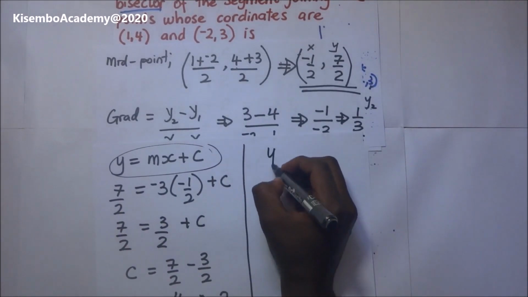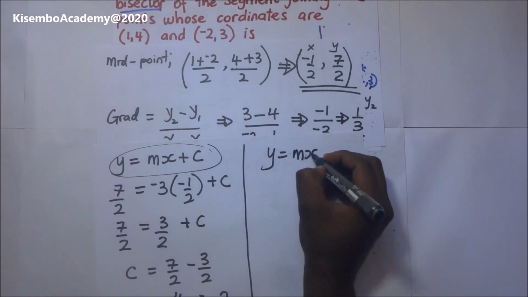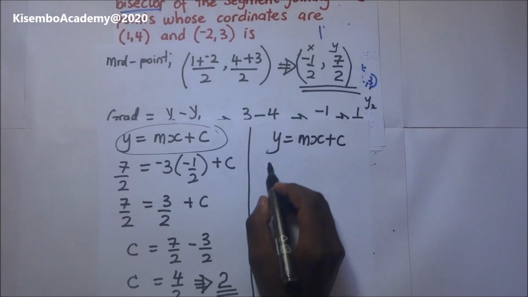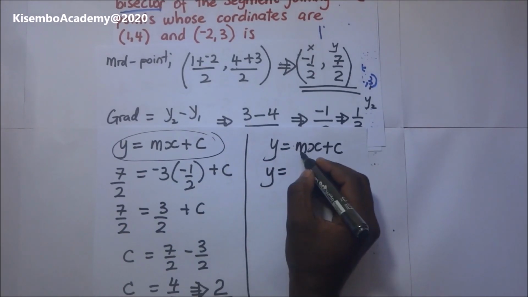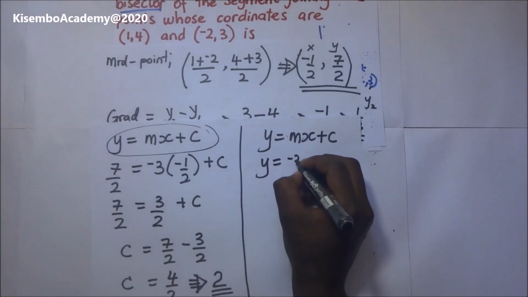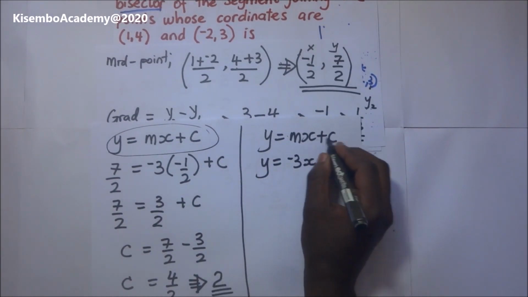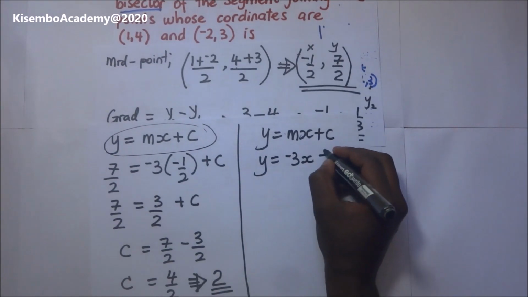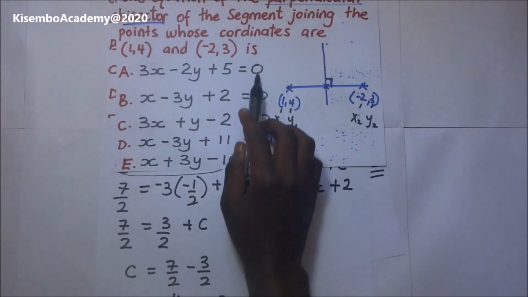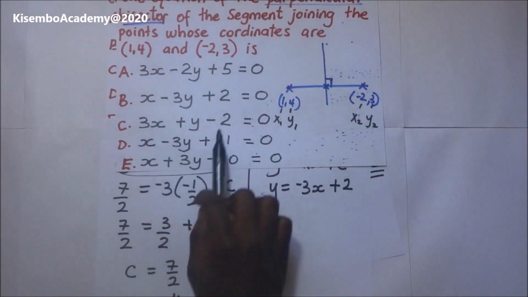So from y = mx + c, our value of y is going to be equal to the gradient m, which we got as negative 3. So it's going to become -3x + c. Our value of c is 2, so it's plus 2. We rearrange this equation so that it's equal to 0, so that we see which of these equations is here.